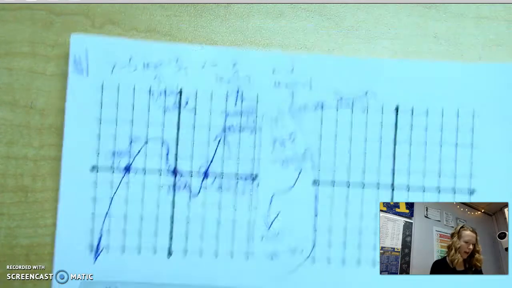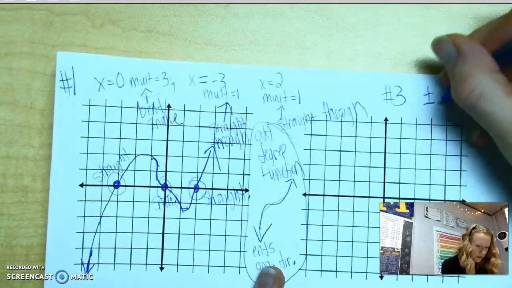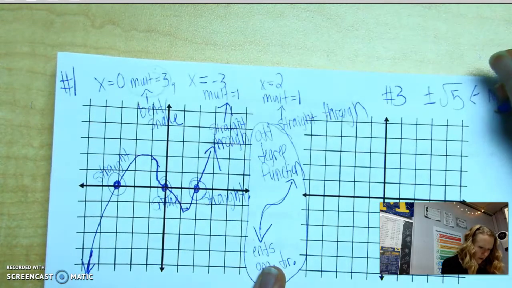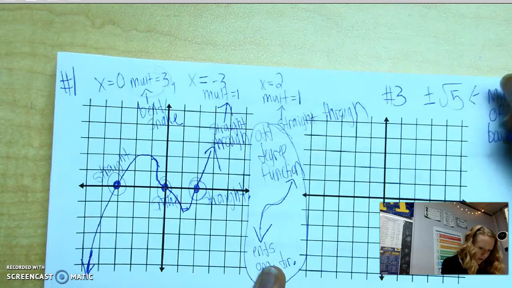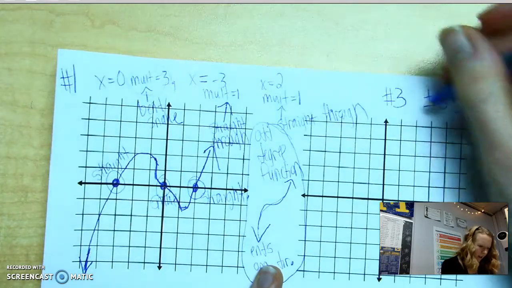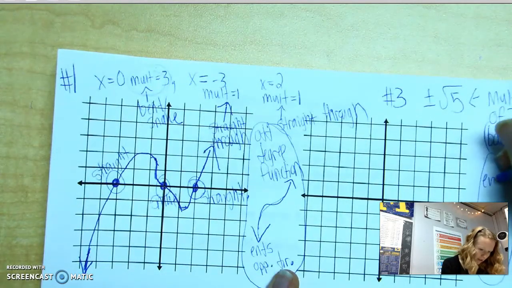If we were to look at the example number 3, where our solutions were plus or minus the square root of 5, and they each had a multiplicity of 2, which means it's going to bounce, right? But if you think about number 3, once again, that one was an even degree function.